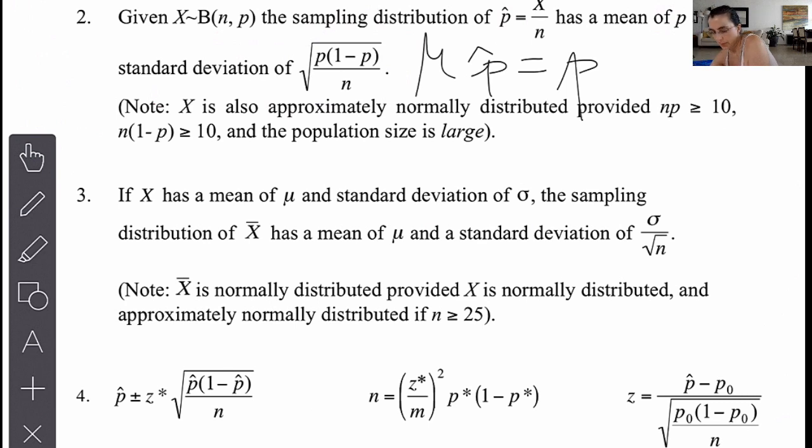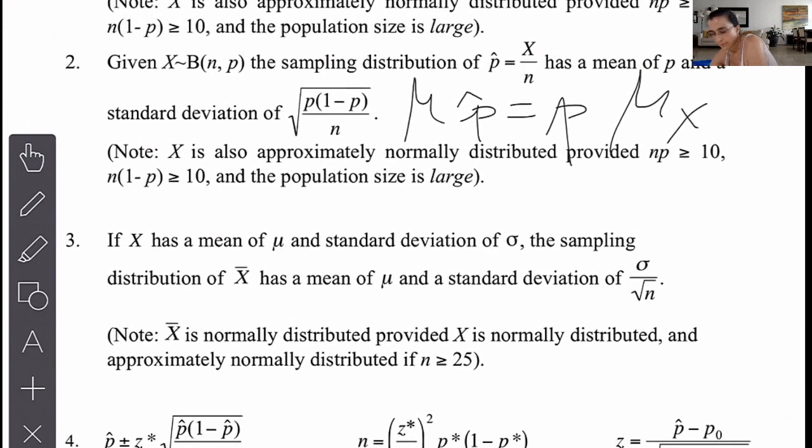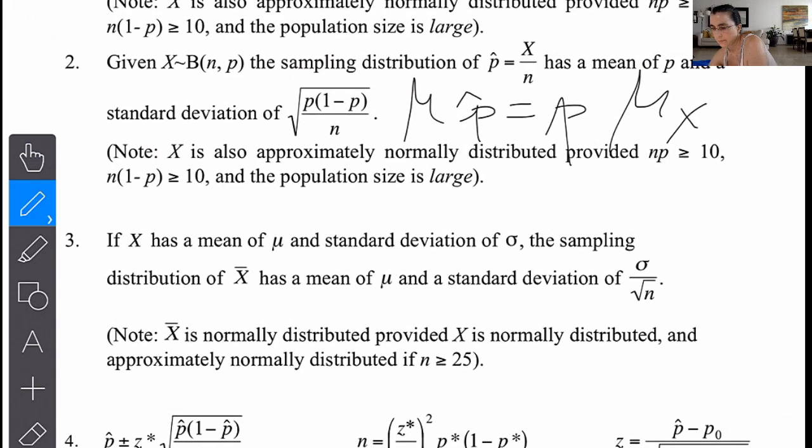If this is the mean of p hat, let's remember what is the mean of x. Remember, p hat is just x over n. So the mean of x, we said, would be np.